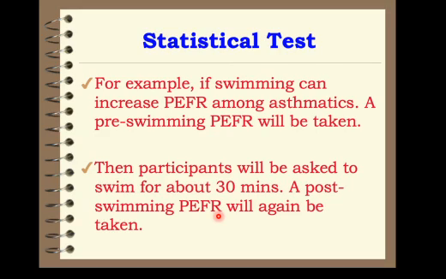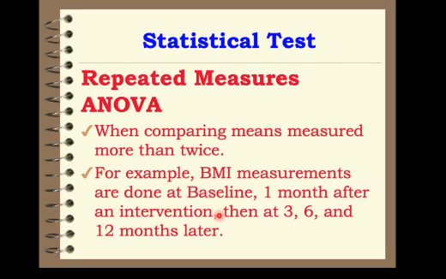So there are two means, the pre-swimming PEFR and the post-swimming PEFR. So if we are comparing two means for the same sets of participants, then a paired t-test will be the statistical test.